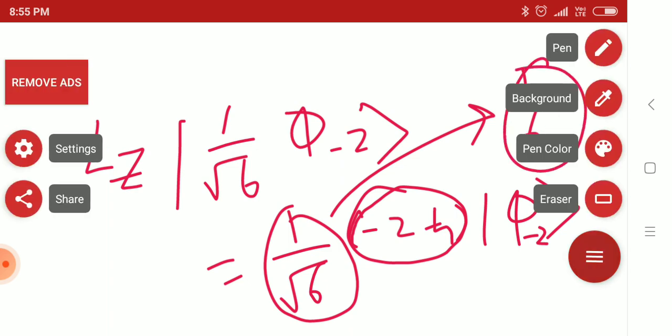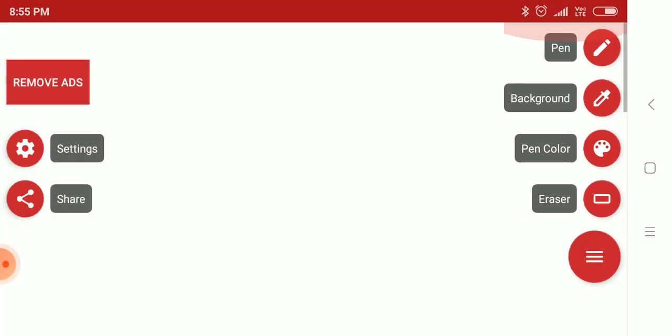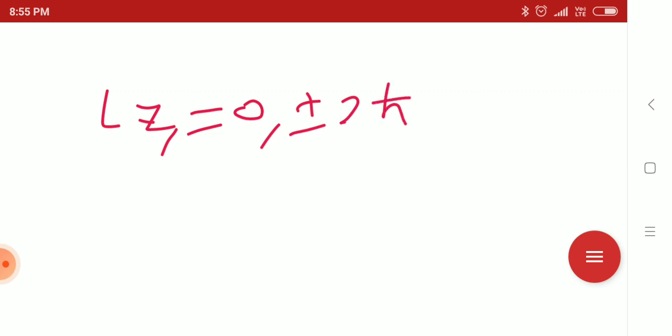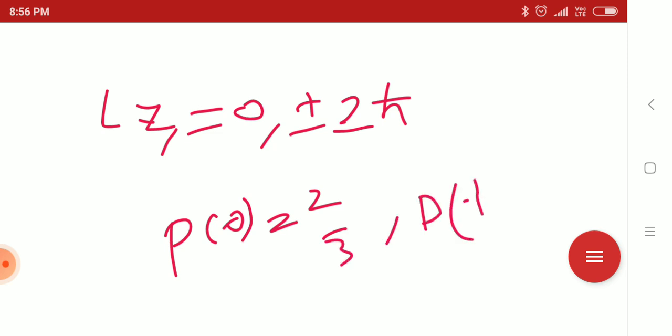So the answer is that the possible outcomes for Lz are 0 and plus minus 2 h cut, with probability 2 by 3 for 0, and 1 by 6 for each of plus minus 2 h cut.